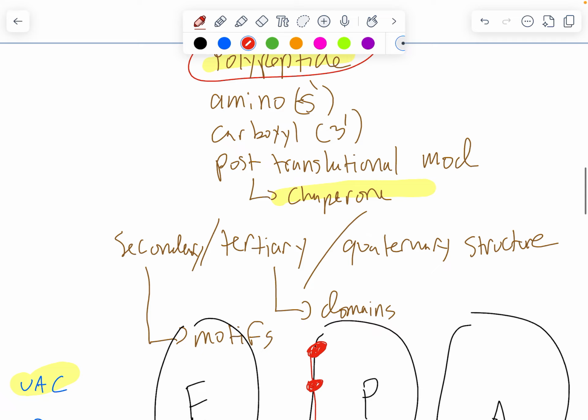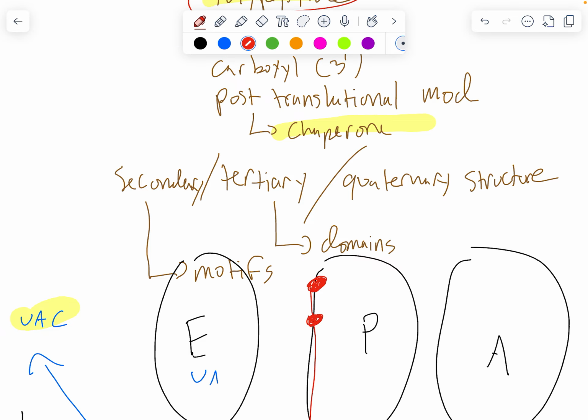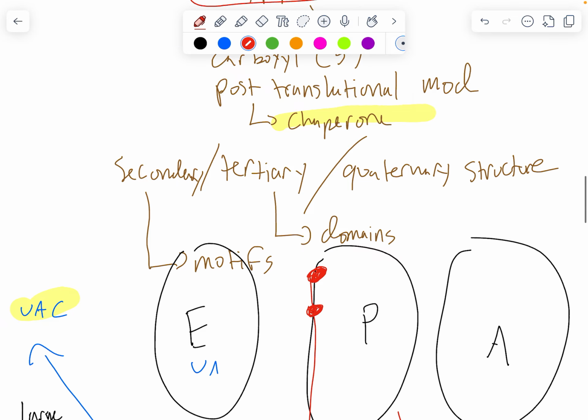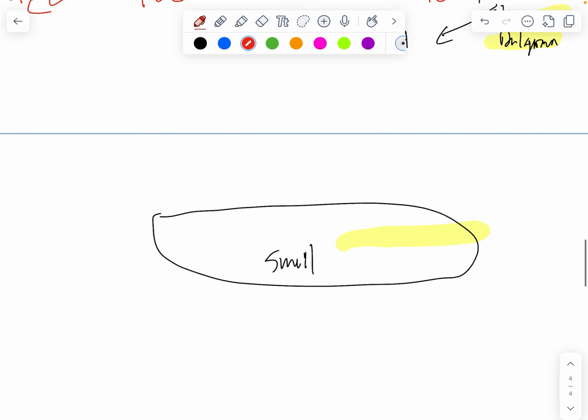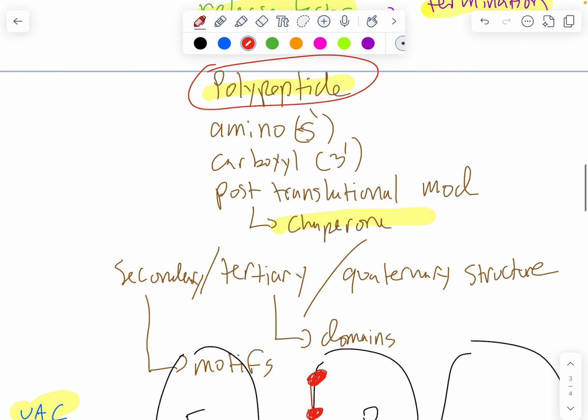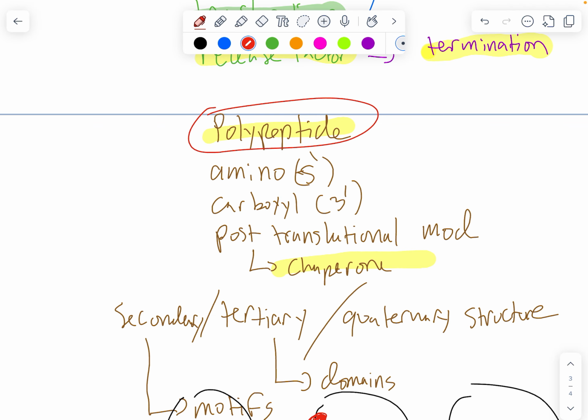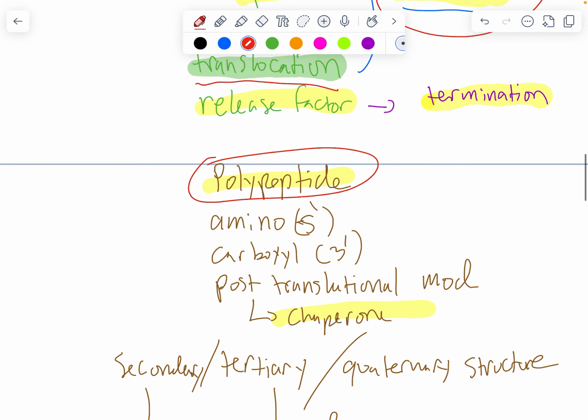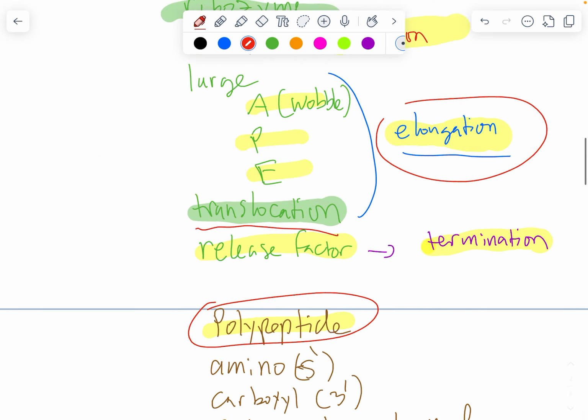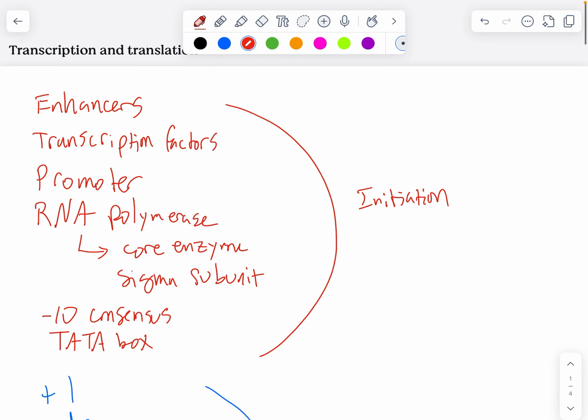So the post-translational modification, some of which happens via molecules we call chaperones, is very important to the final functional role of our protein. And that's it for transcription and translation.